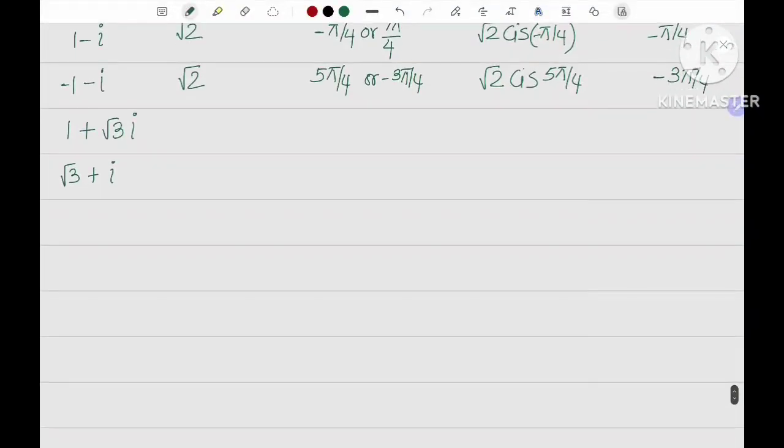I am giving some complex numbers in polar form and would like you to convert them into Cartesian form. So let us say convert cis pi by 2. So this is polar form. You have to convert that into Cartesian form.